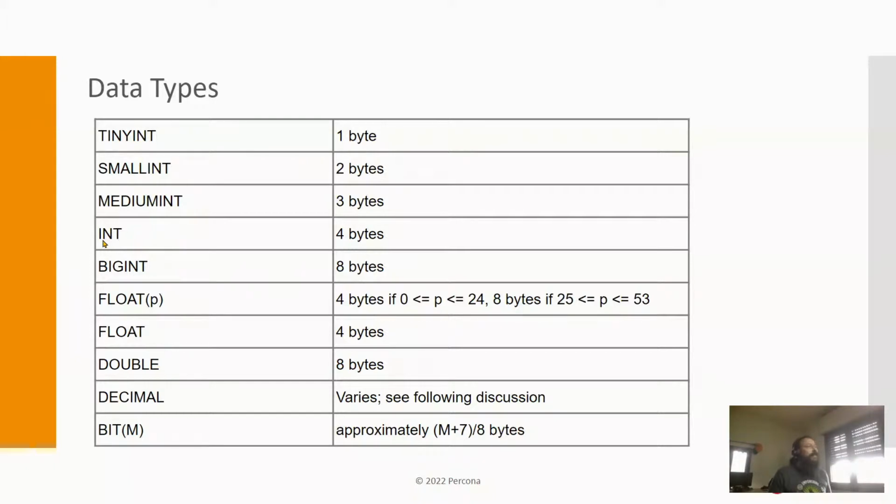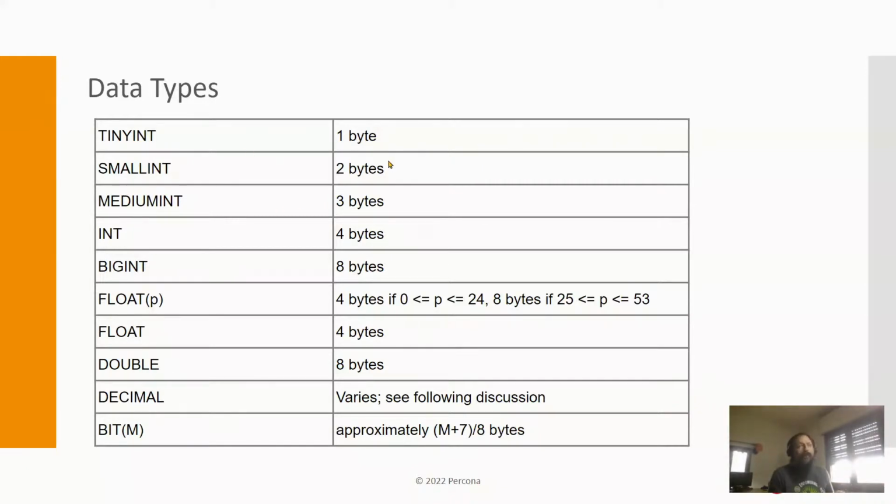And I will admit, I did these slides in a bit of a rush, and I stupidly forgot to add the example range. But for example, tiny int can go between minus 127 to 127. Or you could do an unsigned tiny int, which will go between 0 and 255.